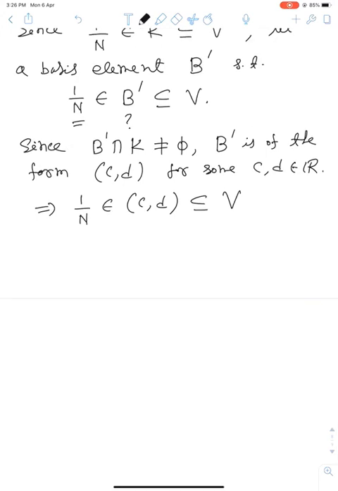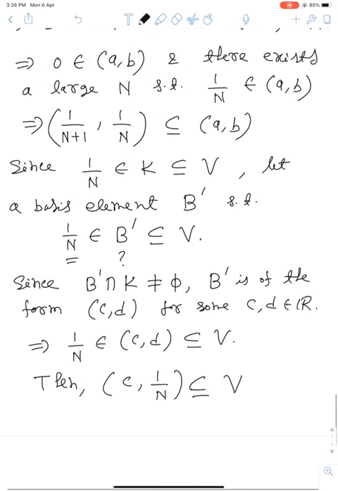Okay. Now consider the open set C comma 1 by n. And we can say that this is a subset of V, right?